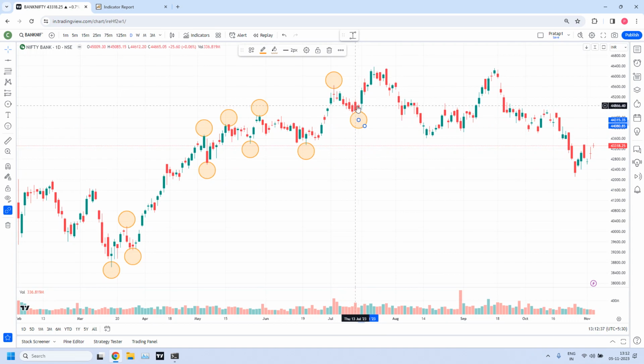On which day is it? 14th July. Okay, from here, this is the high of the swing. I don't think there is any confusion here. It's clear, in this swing this price is having the high. Now from down, this small movement we can ignore.